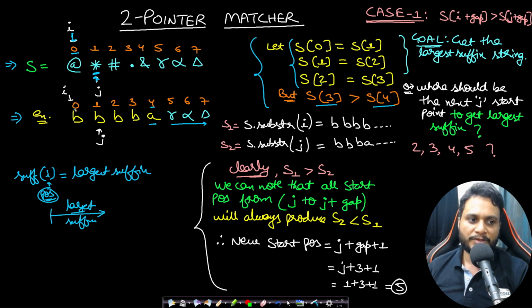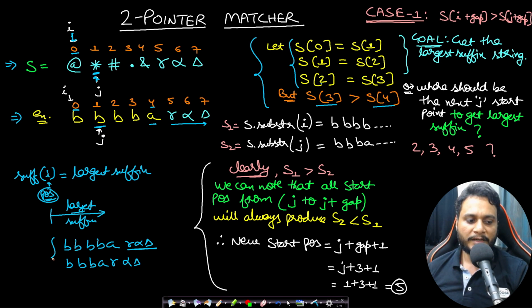If I start a substring at 0 versus if I start a substring at 1, what will be coming? If you start a substring at 0, then the values will be B, B, B, B, A, and then you have gamma, alpha, delta, and so on. And if you start a substring at 1, then it is going to be B, B, B, A, and then you have gamma, alpha, delta, right?